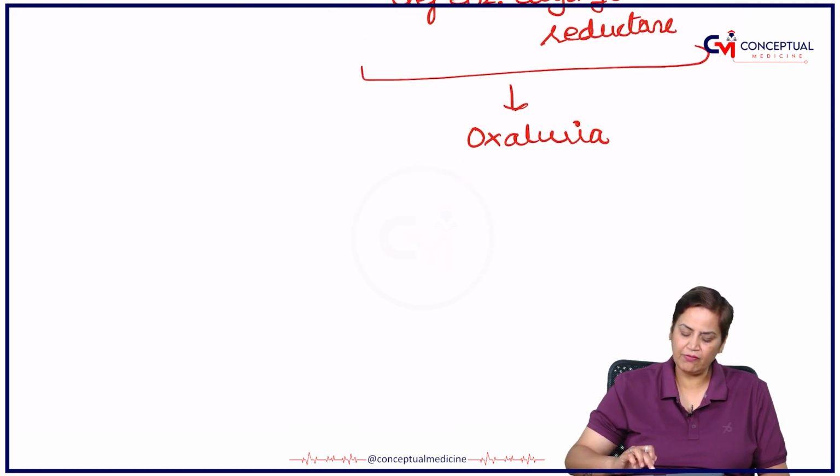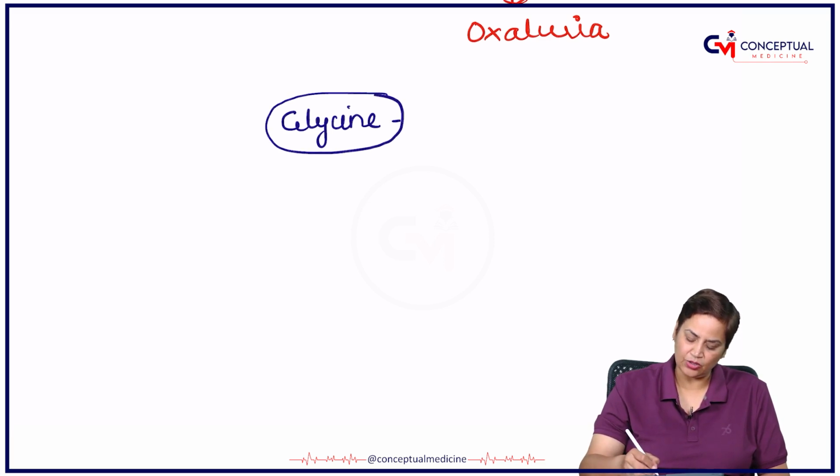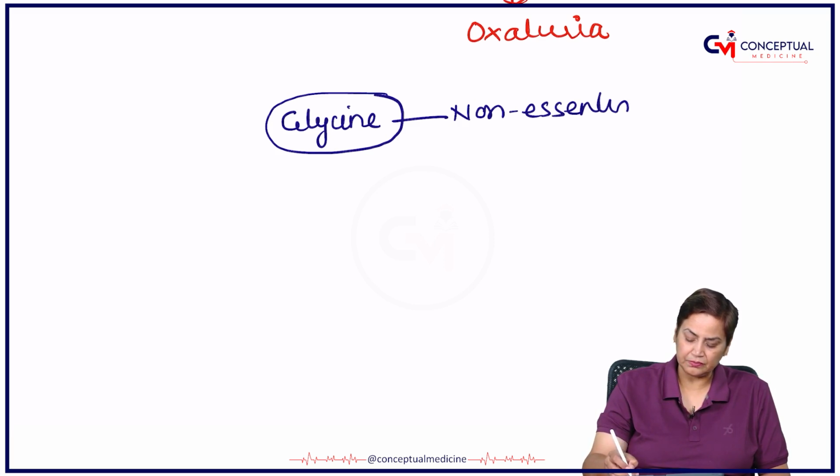Right? So if we have to summarize the entire metabolism of glycine, we can simply say that it is non-essential, very, very important. It is optically inactive.